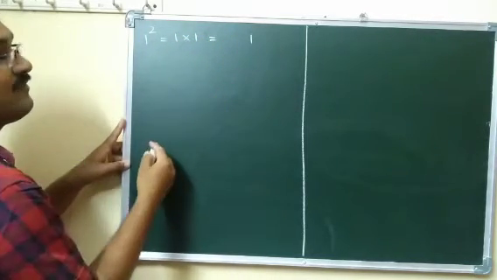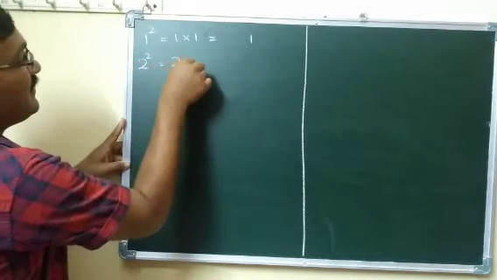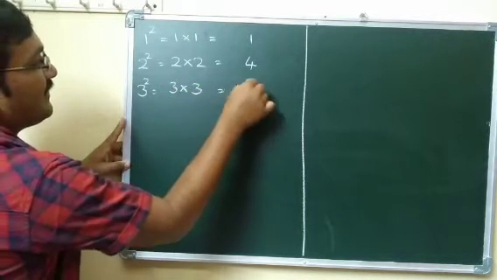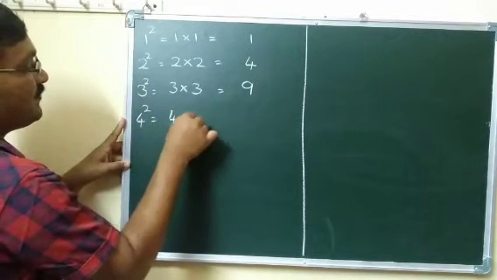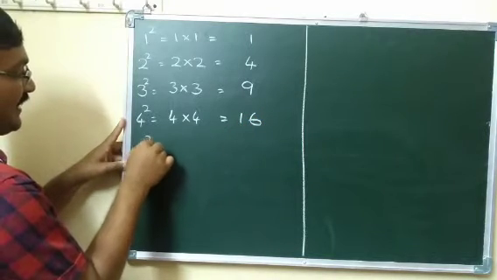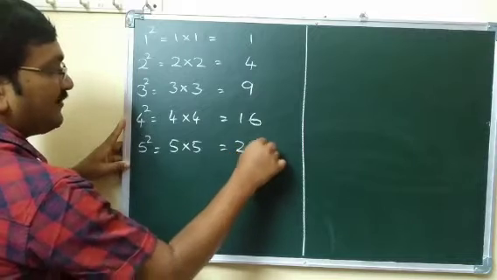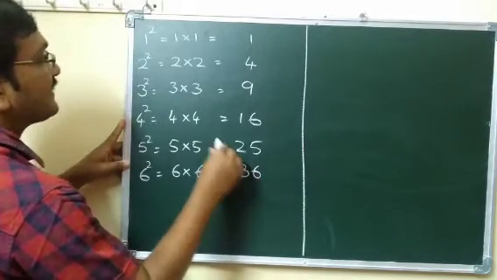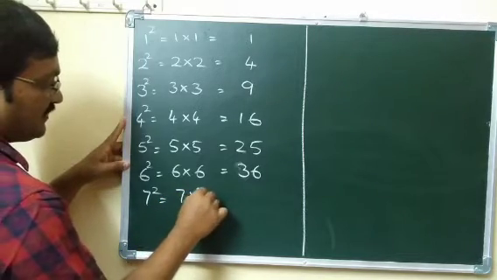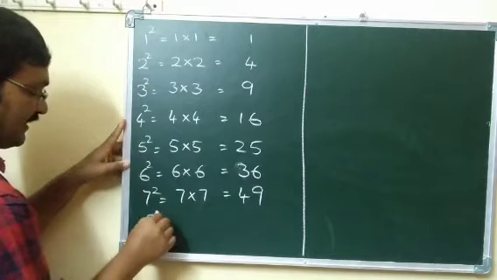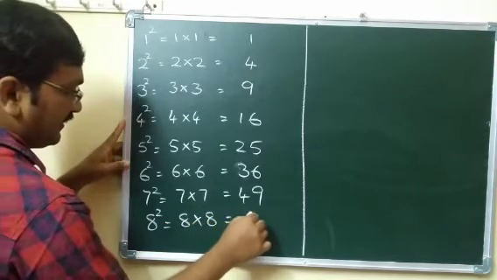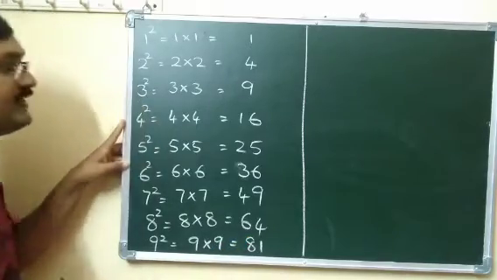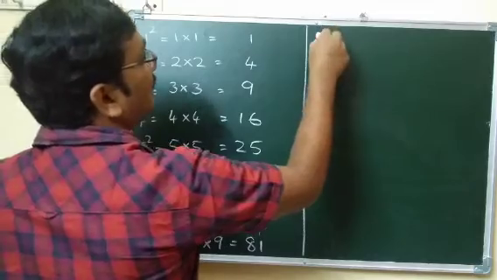The answer is 1. 2 square, 2 into 2, is 4. 3 square, 3 into 3, is 9. 4 square is 4 into 4, it's 16. 5 square is 5 into 5, 25. 6 square, 6 into 6, 36. 7 square, 7 into 7, 49. 8 square, 8 into 8, 64. 9 square, 9 into 9, 81. Next, 10 square.